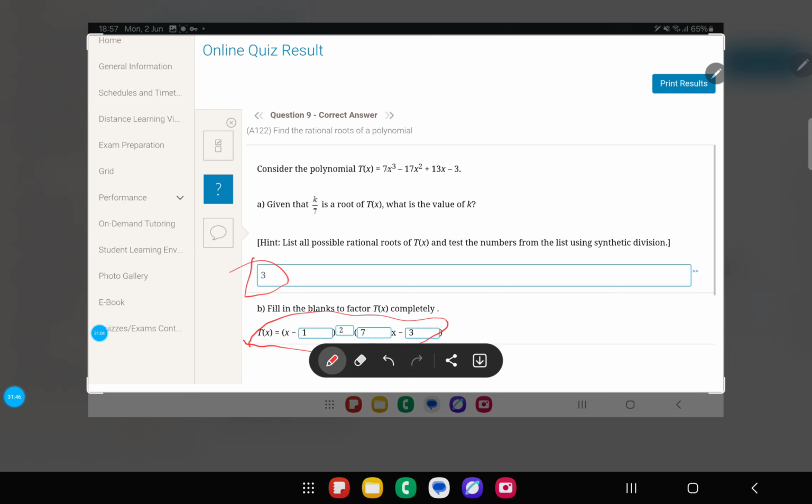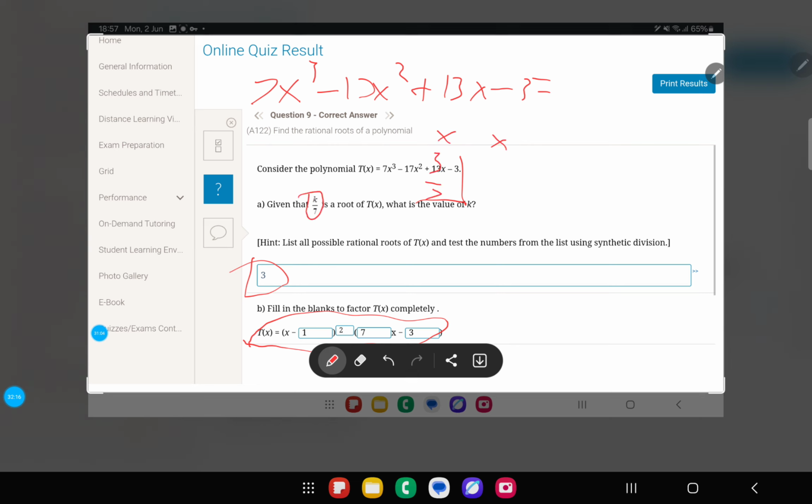You've got 7x cubed, let's write it on the side, 7x cubed minus 17x squared plus 13x minus 3. Before anything else, we need to make it into a trinomial, okay? So what we're gonna do is the synthetic division. We're gonna use the root 3 over 7.